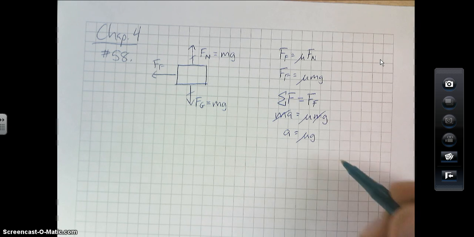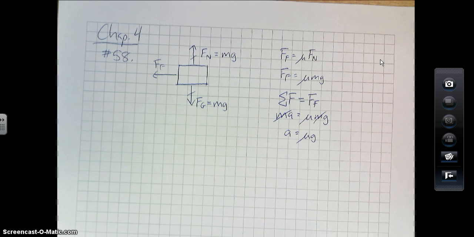Okay. Now again, the problem says show that the minimum stopping distance is v squared divided by 2 mu g. Okay. So we want to somehow get a displacement involved in this.